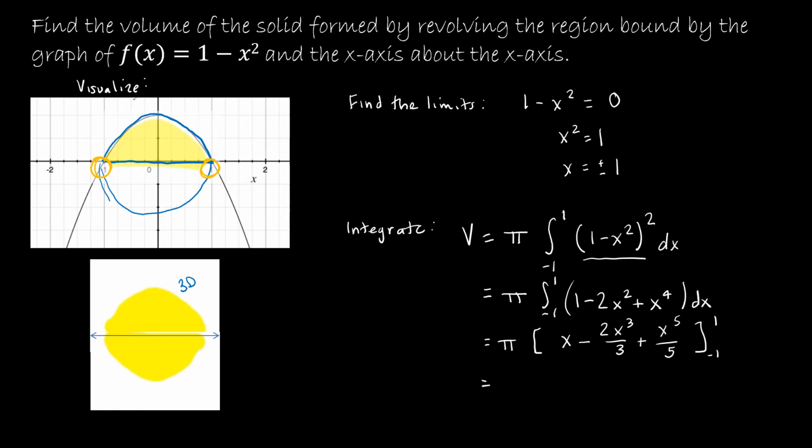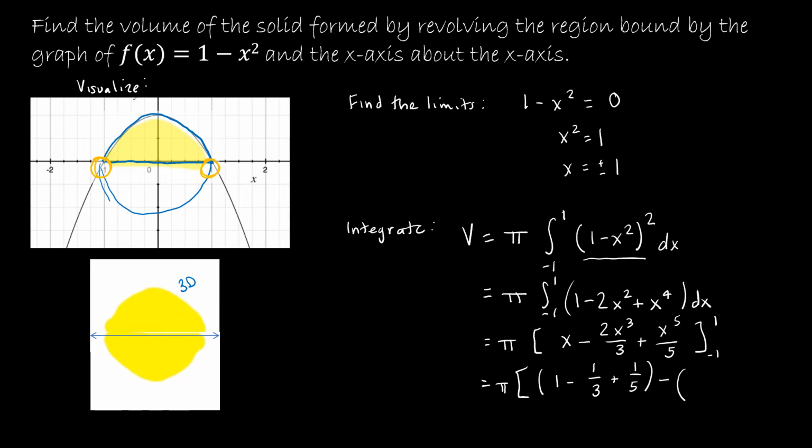Again, continuing using +1 first. Again, I'm going to keep the pi on the outside. I'm going to go ahead and use a bracket since I'm going to have parentheses on the inside. 1 minus 2 times 1 cubed over 3, so that's minus 2/3, plus 1 to the 5th over 5, which is just 1/5.